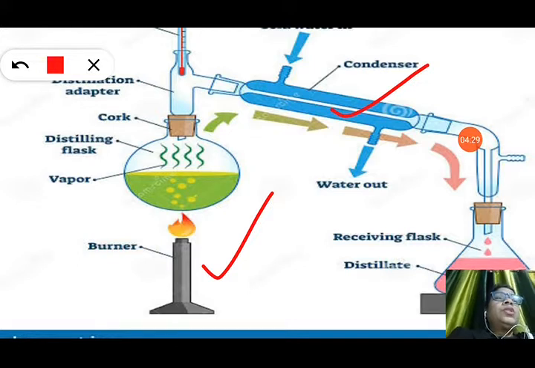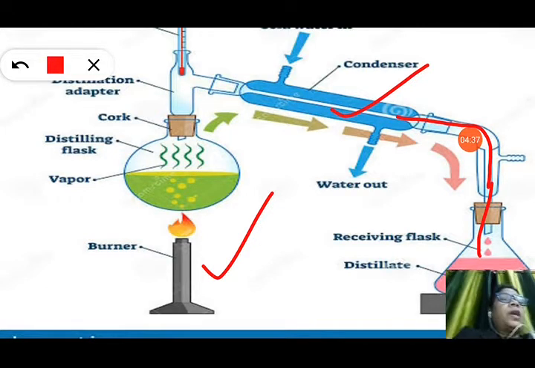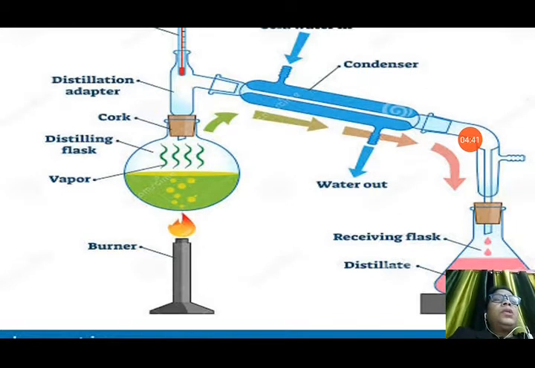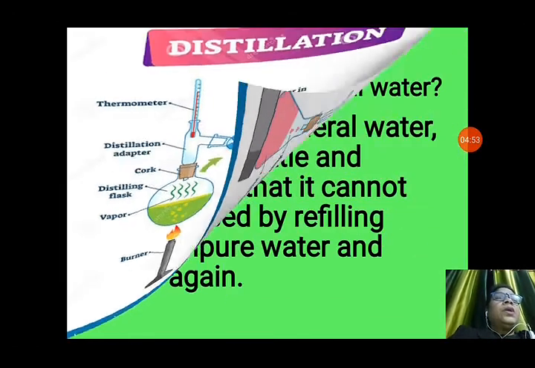This condenser is cooled, so the water is coming out. Now the vapor is changing into water and collecting in the receiving flask. This is known as the distillate. So like this, we take only water vapor from the distilling flask to the condenser, and from the condenser it changes into water and is collected in another flask.